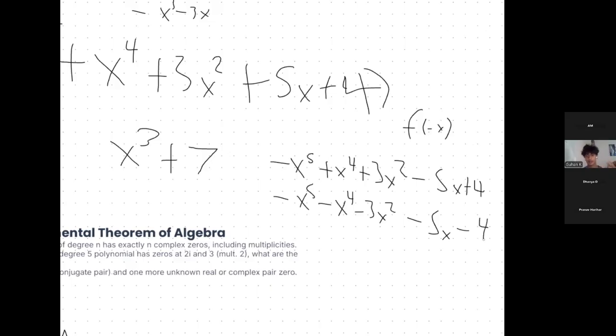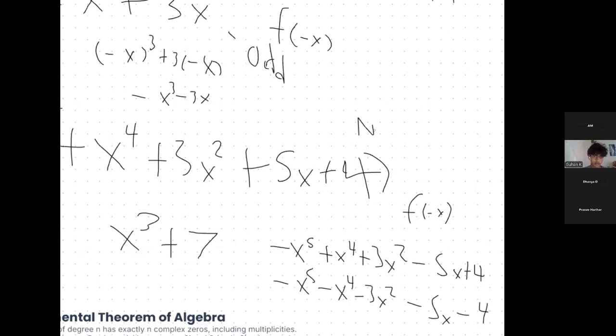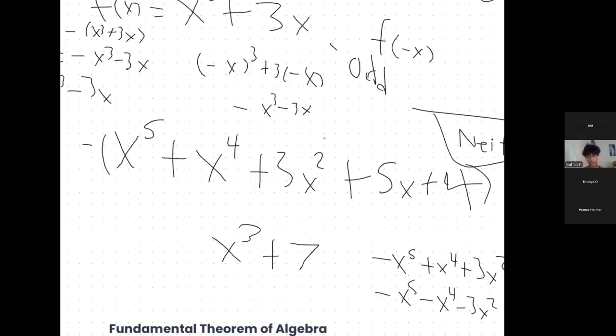So this is, first of all, neither. It's not odd nor even, so we can write down neither. I want you guys to notice a pattern here. A function can only be odd or even if all of its degrees are odd or even.